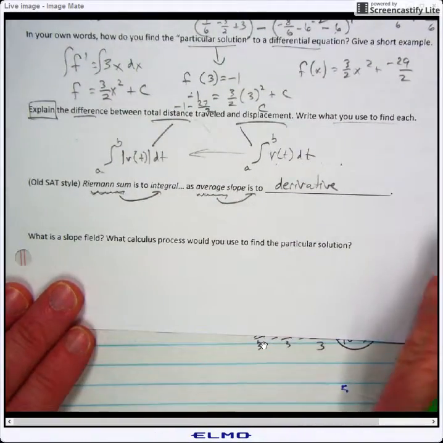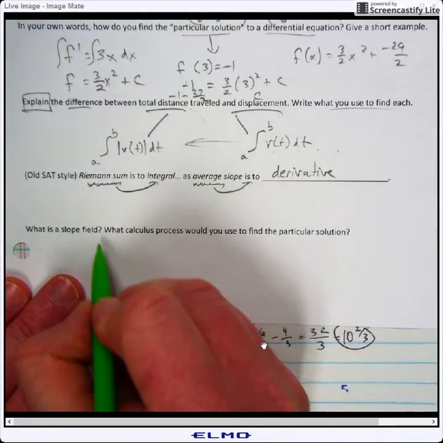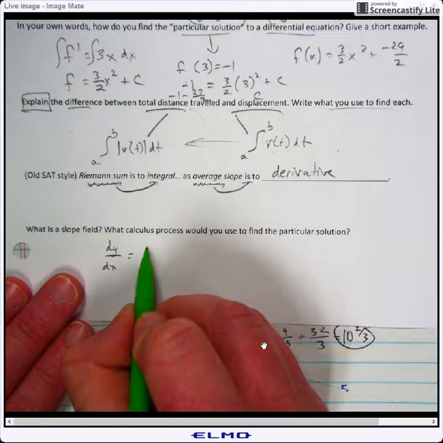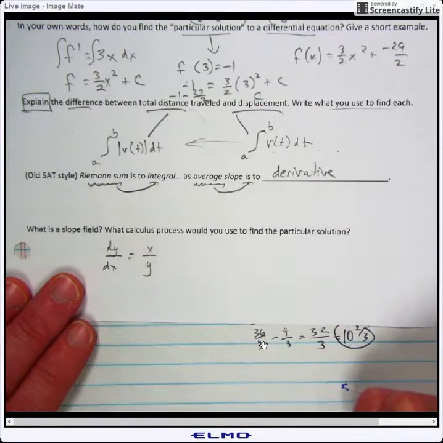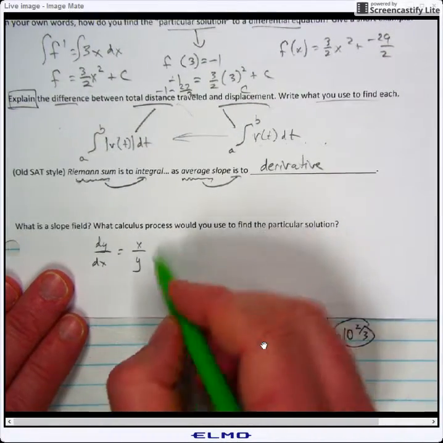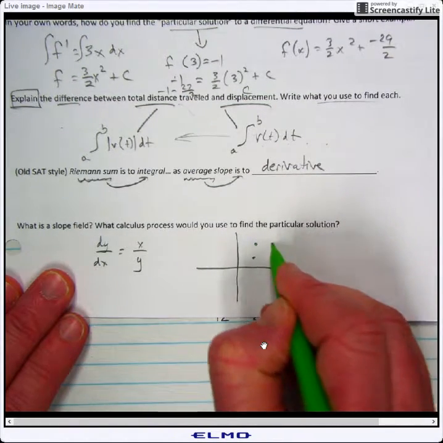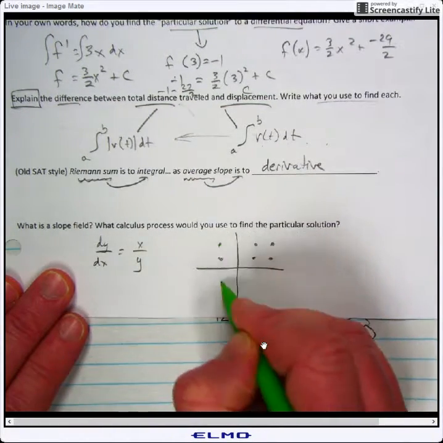What's a slope field? A slope field is usually made with a simple little equation for slope, like x over y. And then they plot several points of those slopes.